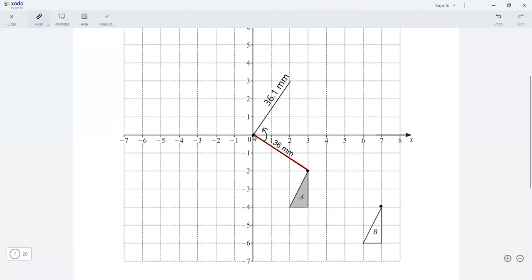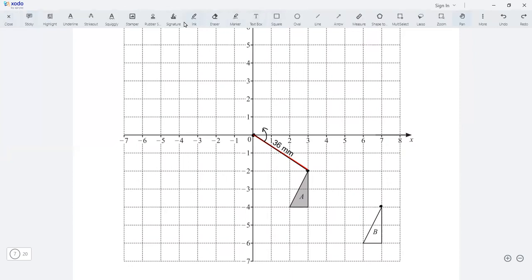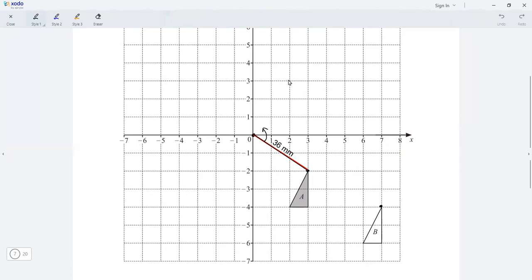Yes, it's 90 degrees, and once you use your rulers, it will be a very exact figure. So that point must be lying 90 degrees anti-clockwise, at this position. You can check here. You draw a line here, it will be exactly 90 degrees, and this point is shifted here.